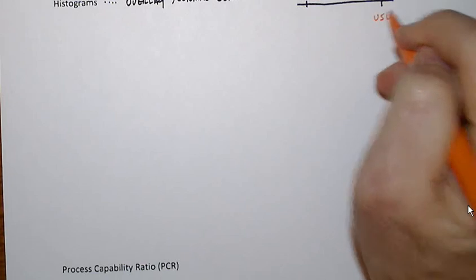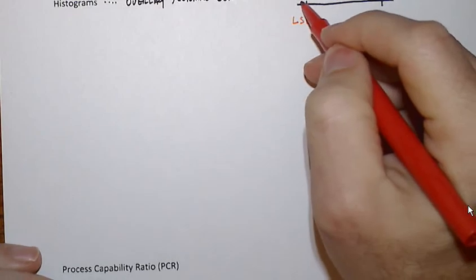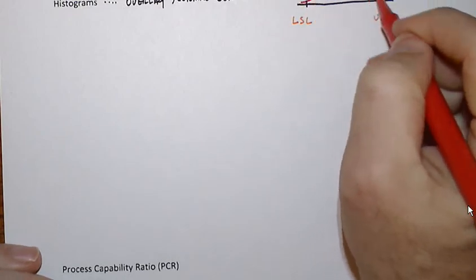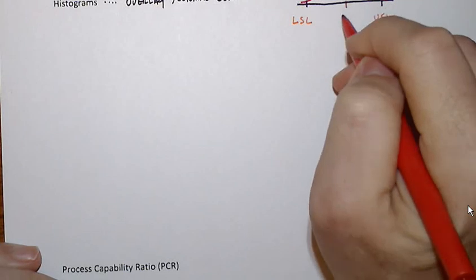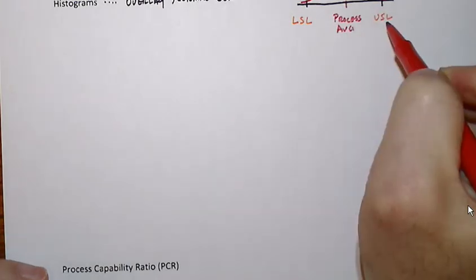So one thing that might look like is that, for instance, on a two-sided view of the world, we've got an upper specification limit for a process, we have a lower specification limit for a process, and we come along and then draw our collected data as a bell curve, and of course we hope that the process average is centered halfway between the lower and upper specification limits.